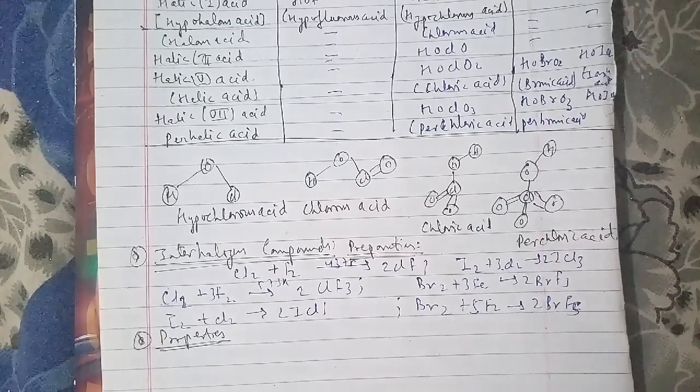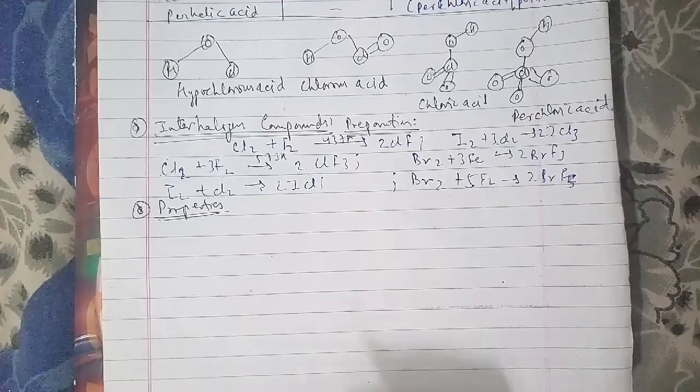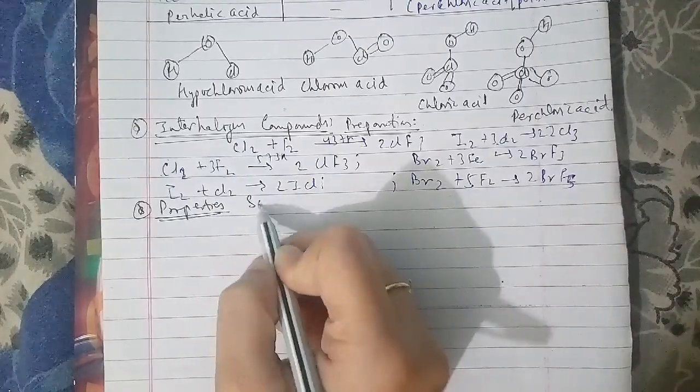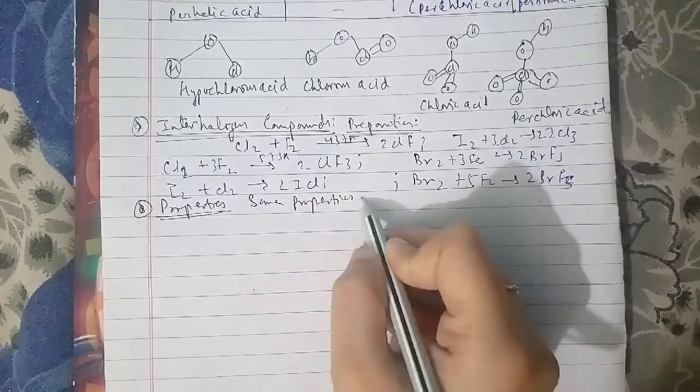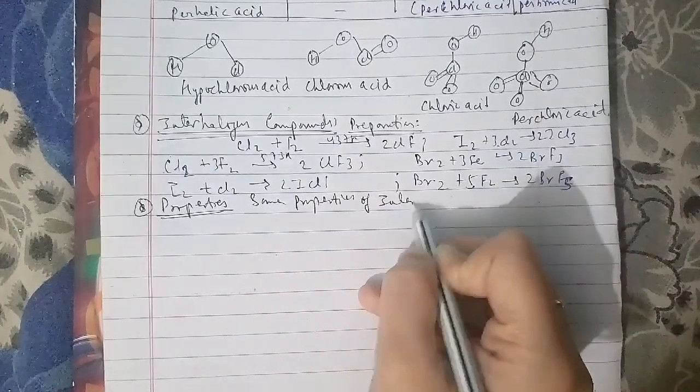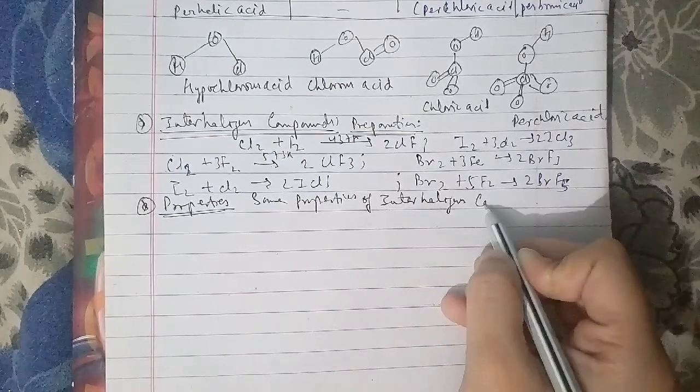First we have XX'. For this type the formulas are ClF, BrF, IF, BrCl and ICl.